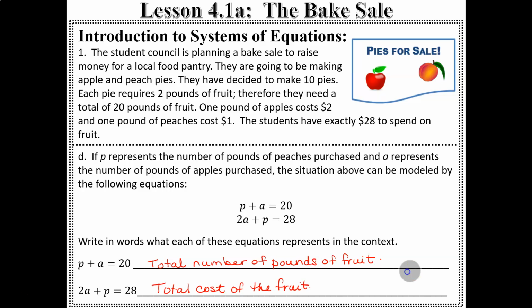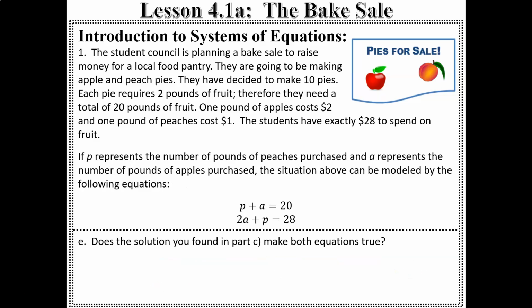So we said that the answer we found for part C was 8 pounds of apples, right? And 12 pounds of peaches.